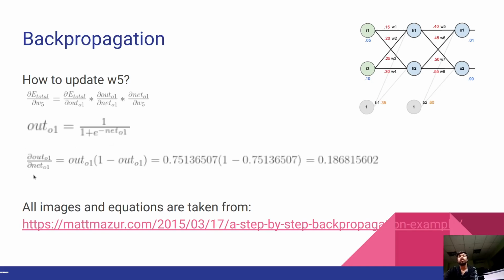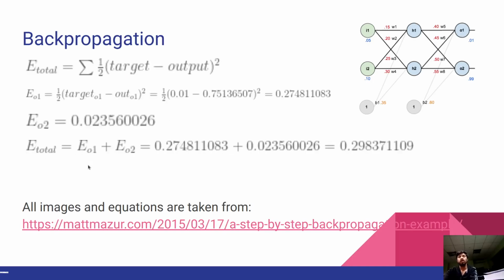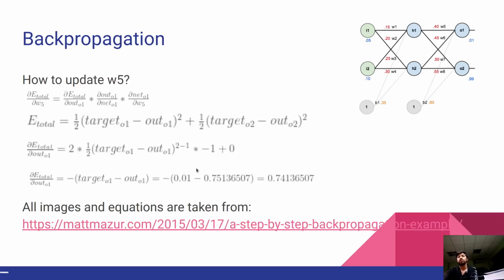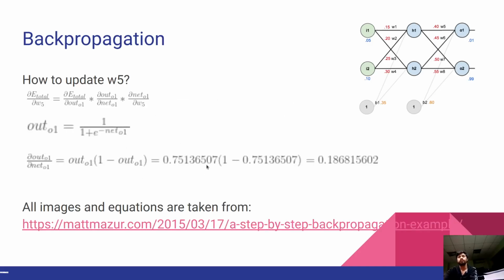The derivative of the sigmoid function is x into 1 minus x, so here out O1 into 1 minus out O1. Out O1 we have calculated earlier, 0.7513. If we calculate out O1 into 1 minus out O1, the value is 0.1868.